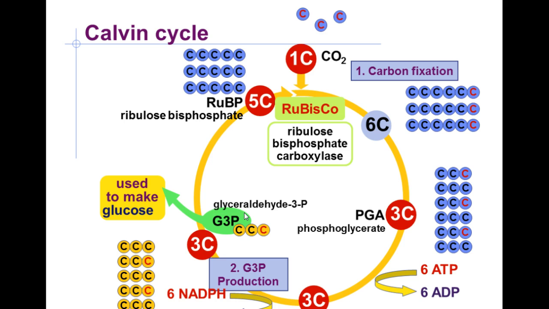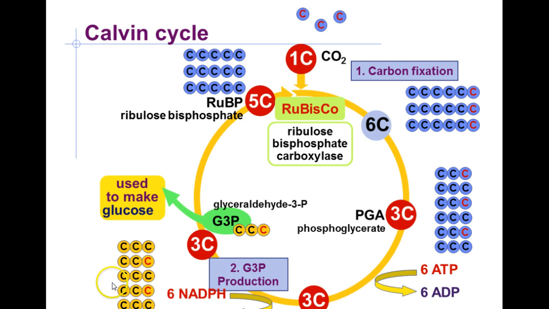Write in your notes that 3 turns of the Calvin cycle, which means you're using 3 molecules of carbon dioxide, produces 6 molecules of G3P, 6 molecules of PGAL, or G3P. Also write that only one of the 6 molecules exits the cycle as a glucose molecule.